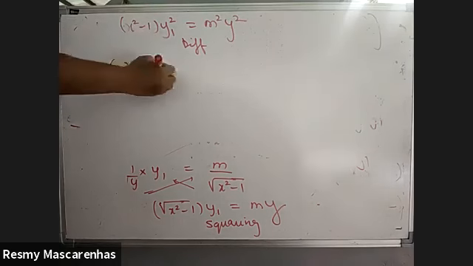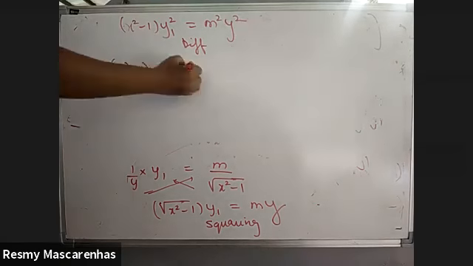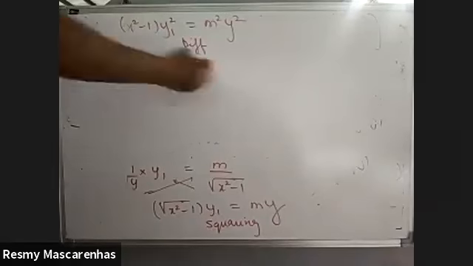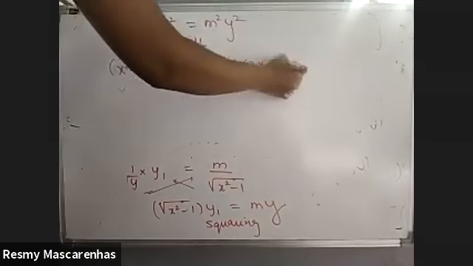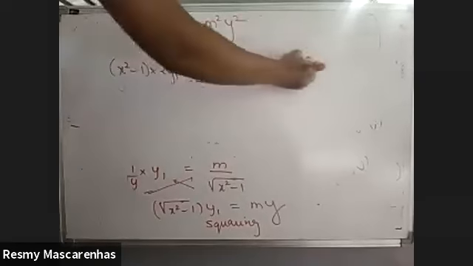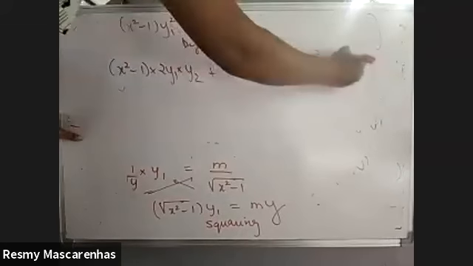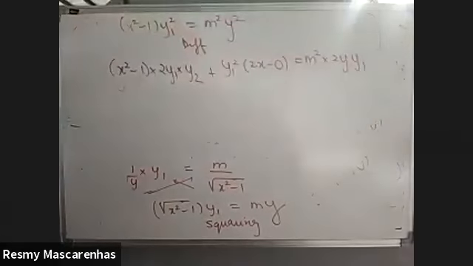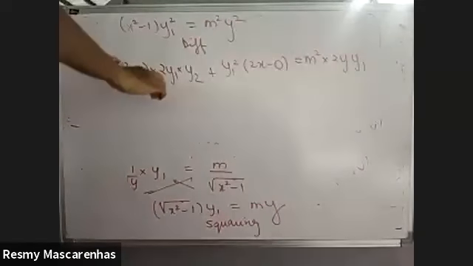So the derivative of y1 square will be 2y1 into extra derivative of y1, which is y2, plus v into the derivative of this, 2x minus 0, m square. Derivative of y square will be first 2y into y1. Okay, u into derivative of v. So y1 square will be 2y1 into y2.